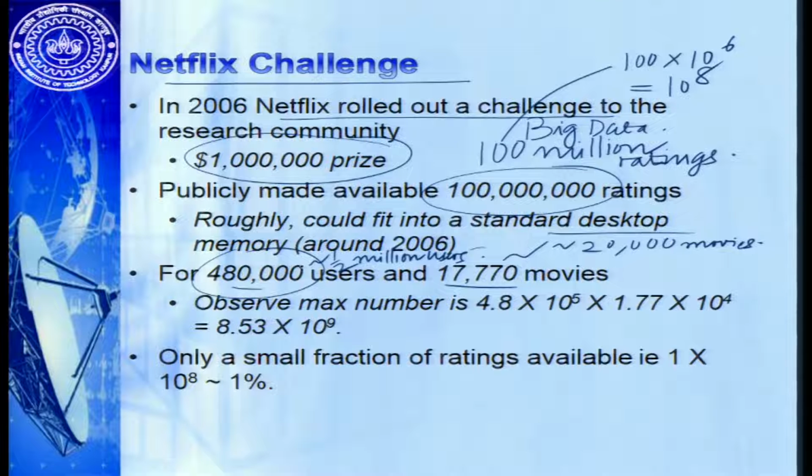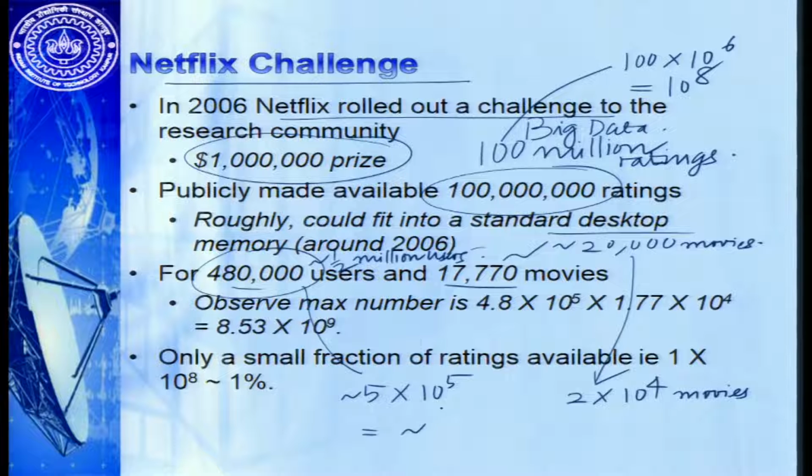If you look at this, this is approximately 5 into 10 to the power of 5, that is 500,000 users, and 2 into 10 to the power of 4 movies, which implies the number of possible ratings equals 5 into 10 power 5 into 2 into 10 power 4.